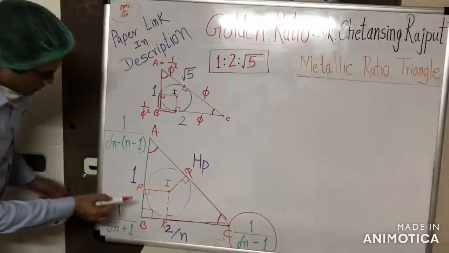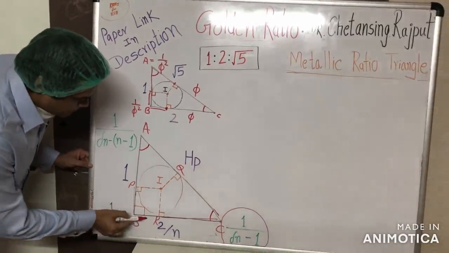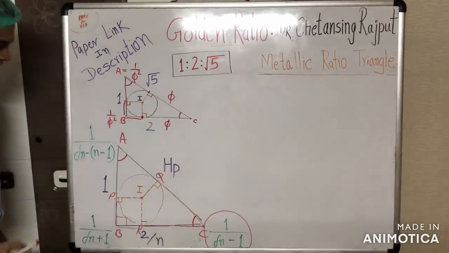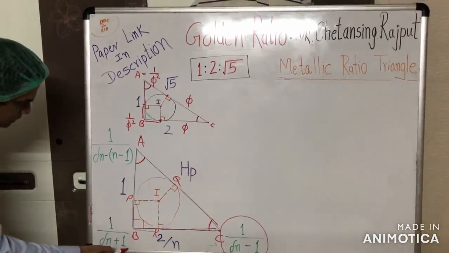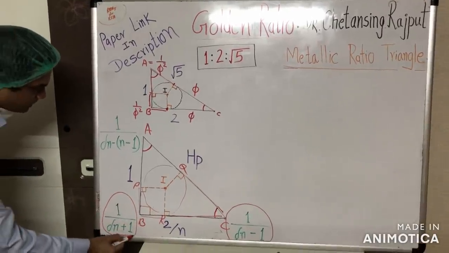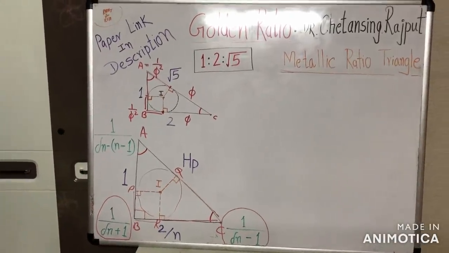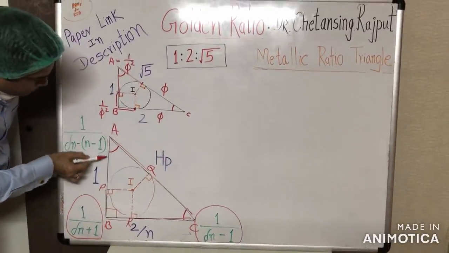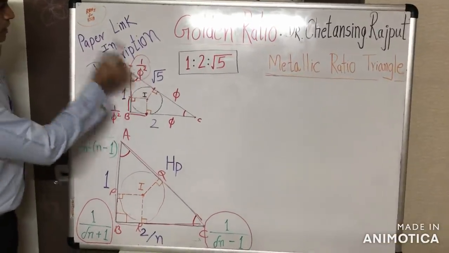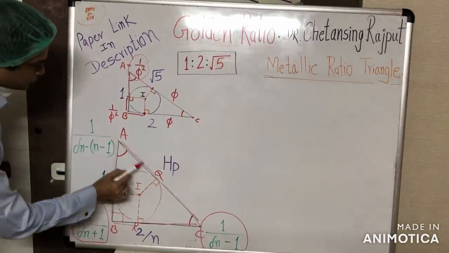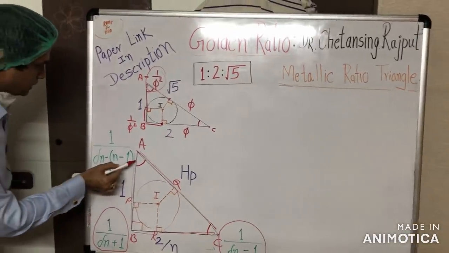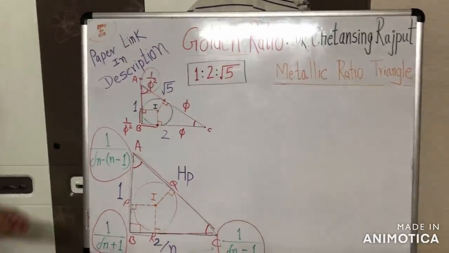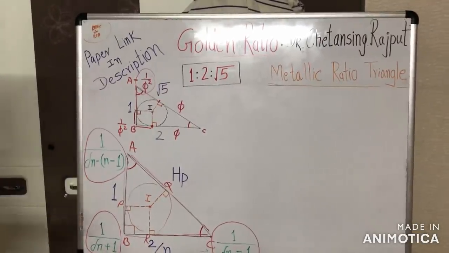Similarly, these distances BP and PR, they are equal to in radius of this generalized triangle, and its value is, as I mentioned earlier, 1 / that metallic mean plus 1. Similarly, these portions of triangle sides AQ and AP, they are analogous to this 1/phi square, and these portions can be expressed in terms of this value, 1 / that metallic ratio minus n minus 1. And not just side lengths, even the angles can be generalized.